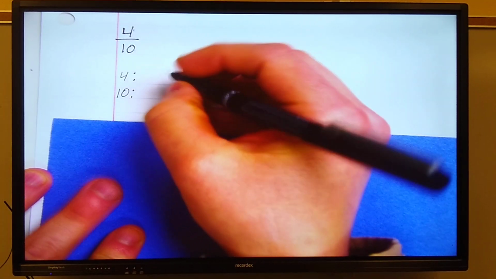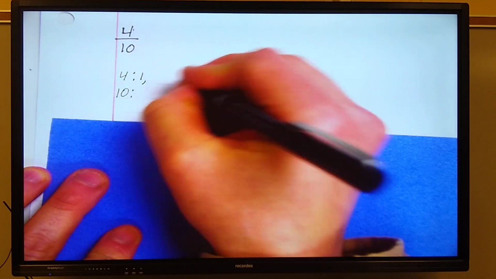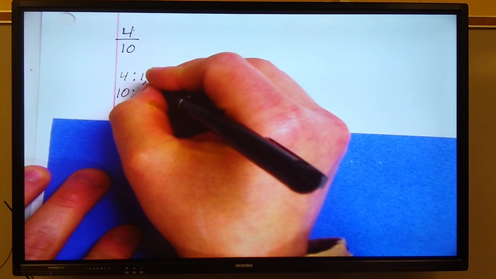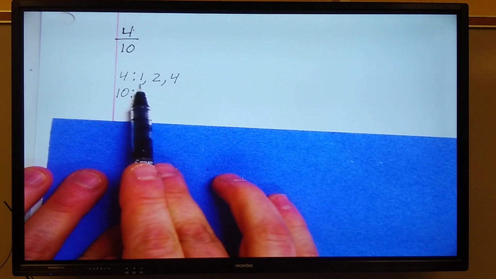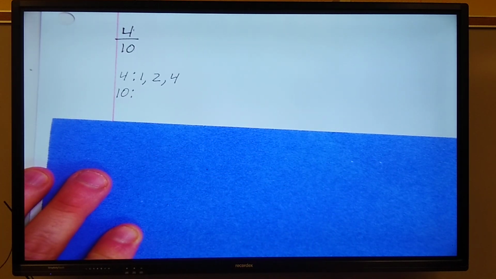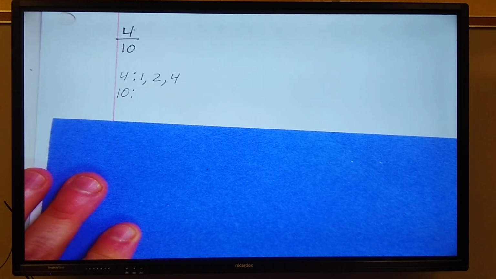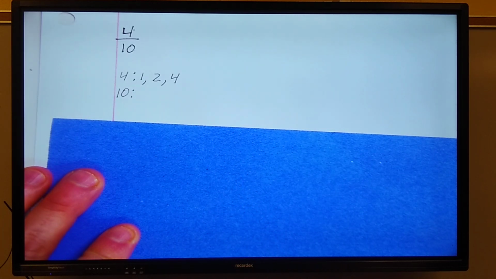So, I know that 1 times 4 is 4. So I go to the next factor, 2. I know that 2 times 2 is 4. Now that's it. There are no other factors. And then when you meet in the middle like that, you know you are through. 2 times 2. There are no numbers in between 2 and 2. So you're done.